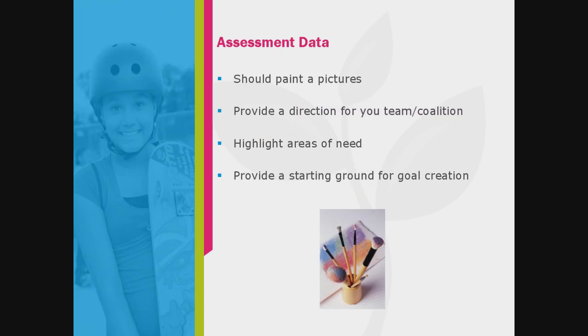So the assessment data. To paint a picture of your community and the project that you're working on, the data should help to provide a direction for your team or coalition.